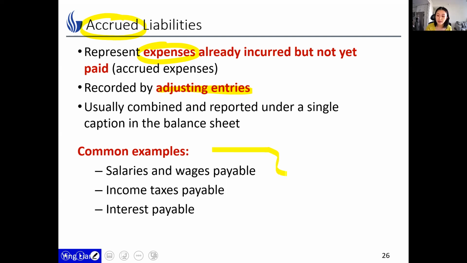Although you see a lot of payables here, we don't see them that much in the balance sheet because accrued liabilities usually are combined and reported under one single caption, accrued liability, or at best two accrued liability captions in the balance sheet.